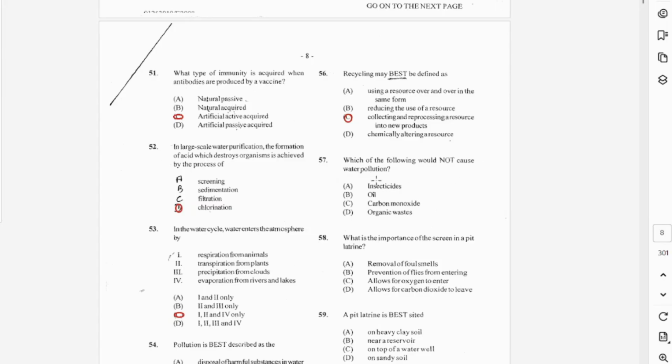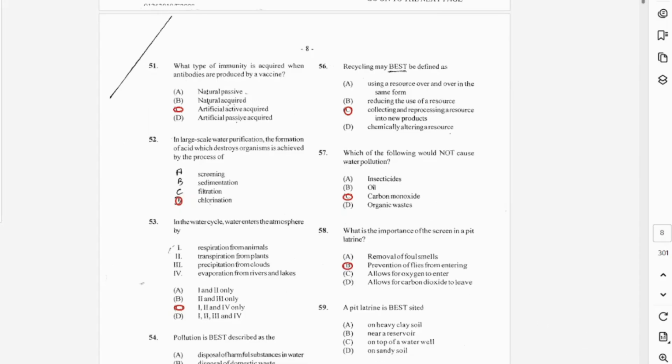Which of the following would not cause water pollution? C. Carbon monoxide. 58. What is the importance of the screen in a pit latrine? The answer is B. Prevention of flies from entering.